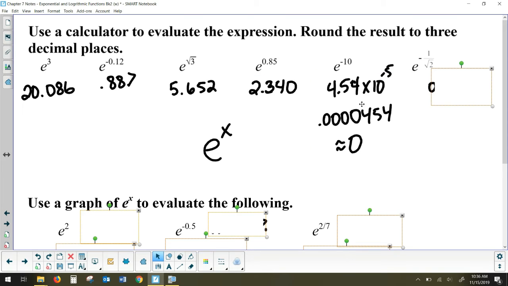This is the only tricky one because you're getting an answer like that, which is really 0.000454, which is really 0, pretty much.